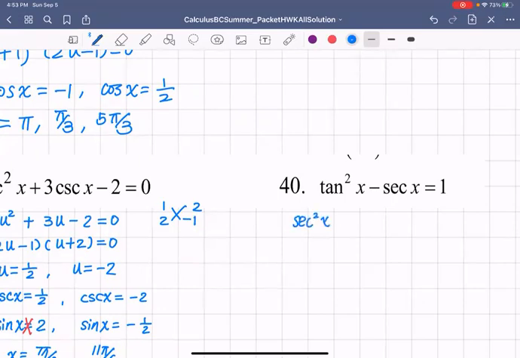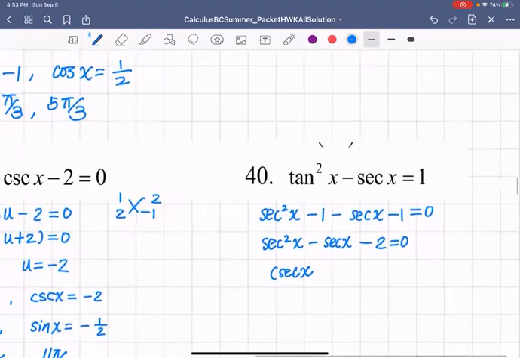Secant squared x minus 1 minus secant x is equal to 1. Yeah. And then secant squared x minus secant x minus 2. And then you can replace it to have u squared minus u minus 2.